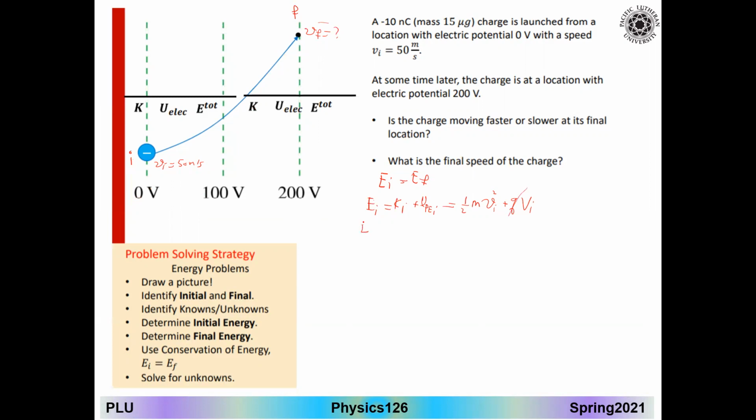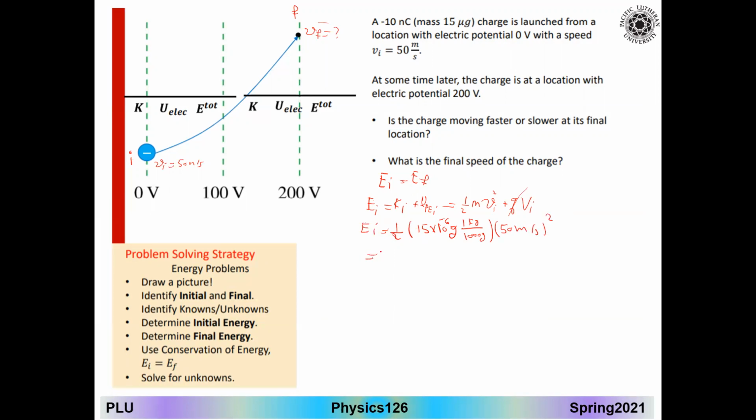So I end up with the initial energy being just a half times M, where M is 15 times 10 to the minus 9 kilogram, or times minus 6 gram, times 1 kilogram per 1000 gram to change it to kilograms, and we have Vi 50 meters per second, squared.